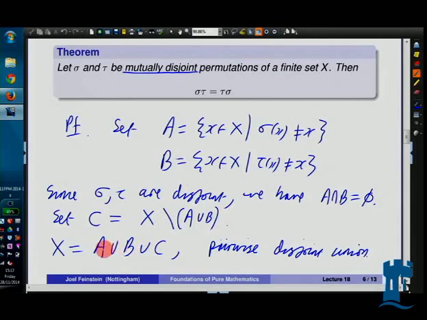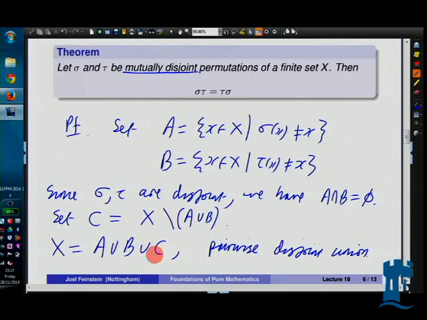Now, A are the ones that are moved by sigma, and they're not moved by tau because nothing's moved by both. B are the ones that are moved by tau, and those aren't moved by sigma. And C are the ones that aren't moved by either. If you start in C and you do sigma tau, you stay put, because neither moves you.